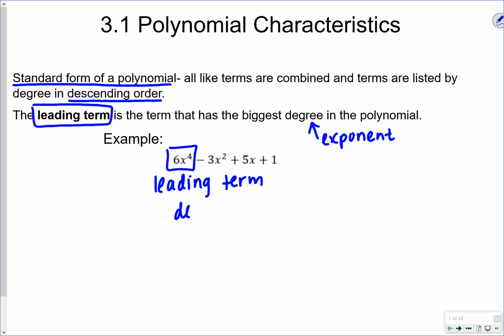The degree is 4. And then the number in front, the 6, is the coefficient. And this is in standard form. It goes from biggest degree, which is the fourth, and then the squared, and then the linear, and then the 1 is a constant. So it goes in descending order.